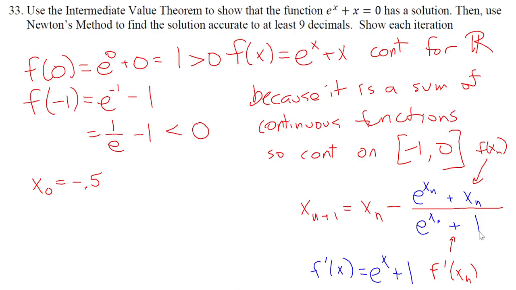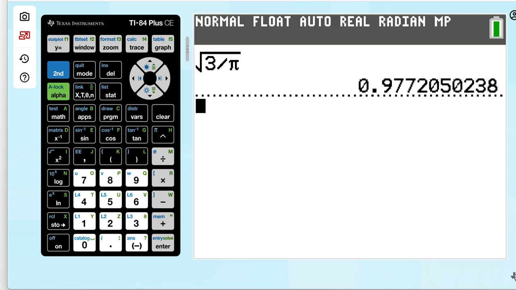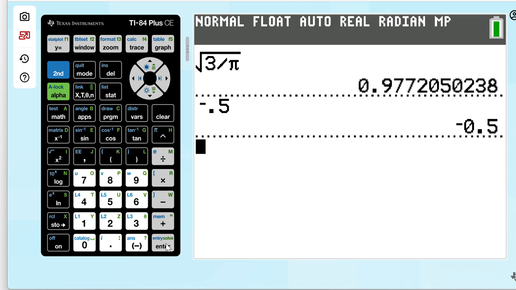So when we go to our graphing calculator to do this, we want to start by typing in negative 0.5 and hitting enter. And then we just type in the same formula we had, but anywhere we had x sub n, we're going to replace it with second and the negative sign, which puts in the previous answer. So we have x sub n minus, and if your calculator does the nice fraction with alpha and then x, do that.